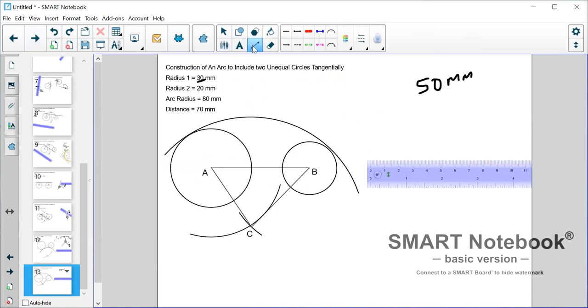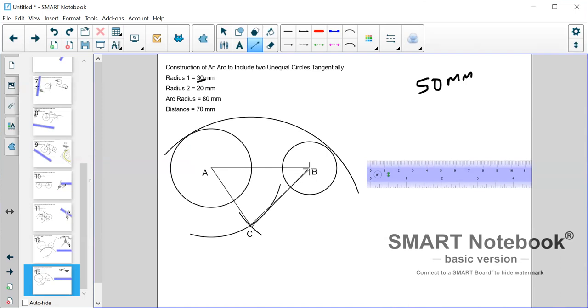And if I'm to explain why we need to subtract, it is because when you look at the distance from C to here, that distance is 80. All right. However, in order to find the center, we need to subtract the radius itself from that 80. And that gives us 50 from A and 60 from B. All right.